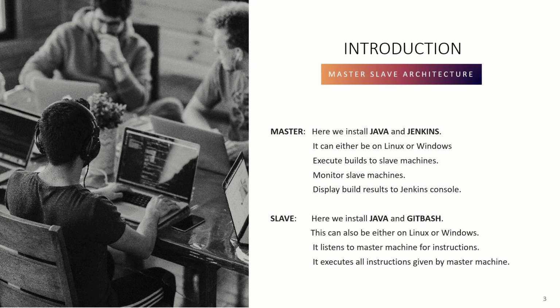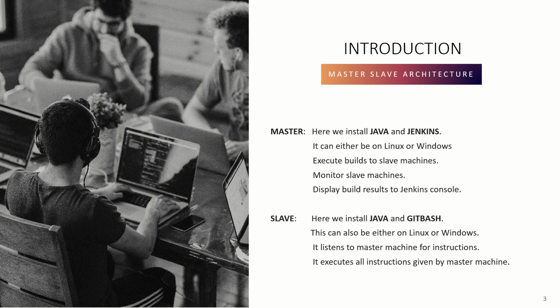Here is a little bit of introduction about master slave architecture. We'll use the master on a Linux machine and install Java and Jenkins on that master machine. It can be on either a Linux or Windows machine, but in today's demo we'll use Linux. The master executes builds on the slave machine, monitors slave machines, and displays build results in the Jenkins console.